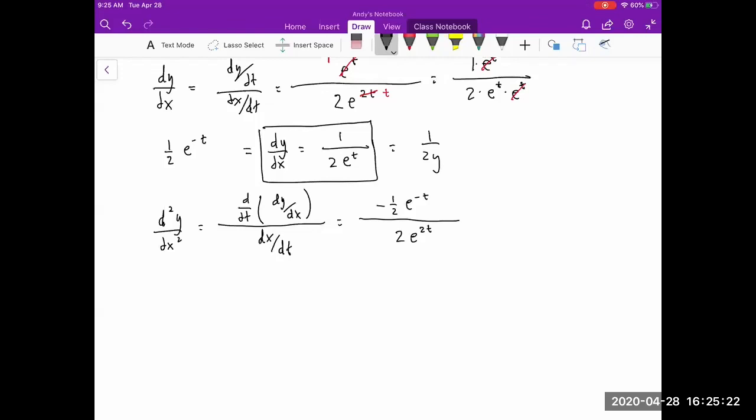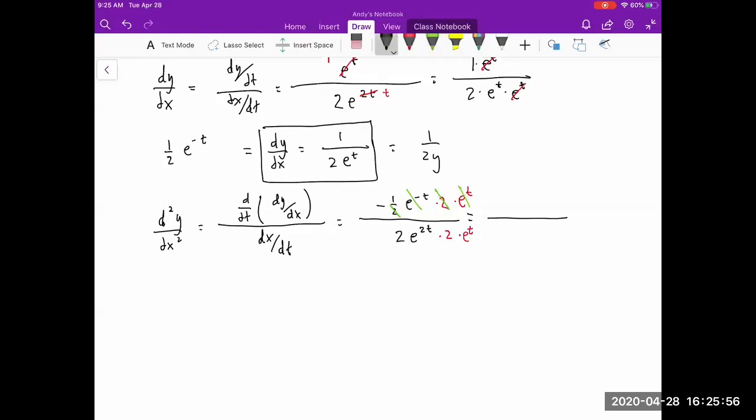And now there's some simplification we can do here. We can multiply top and bottom by 2 to cancel out these 2's, and we can also multiply top and bottom by e to the t to get rid of this negative power.